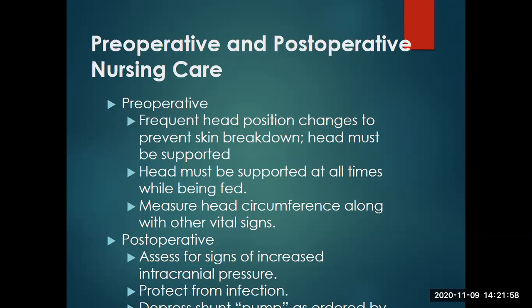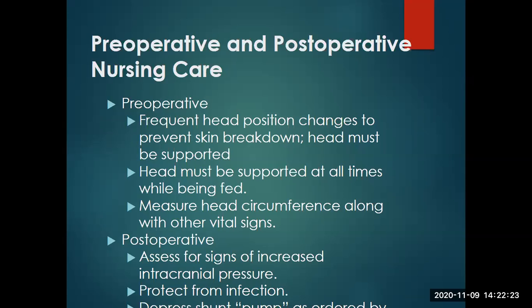If the fontanelles are bulging, the infant is usually placed in Fowler's or semi-Fowler's position, because you want to promote drainage. So it's going to be the opposite. You want to promote drainage from the ventricles through the shunt. Okay, so that's very important.